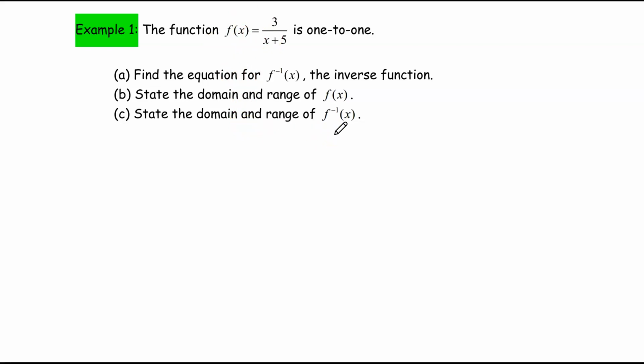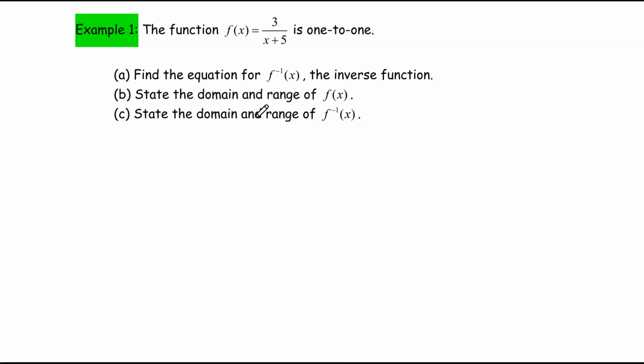Now, before we proceed, let me just make a comment on the domain and range of the function. Now, if the function is one-to-one, we know that its inverse exists. Then how can we connect the domain and range of the function and its inverse?